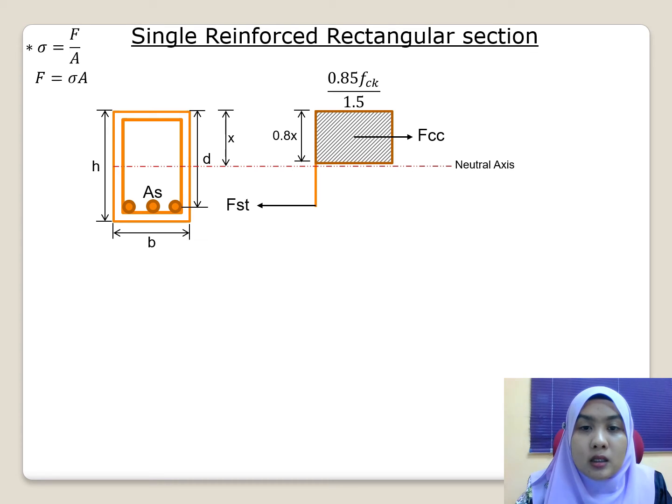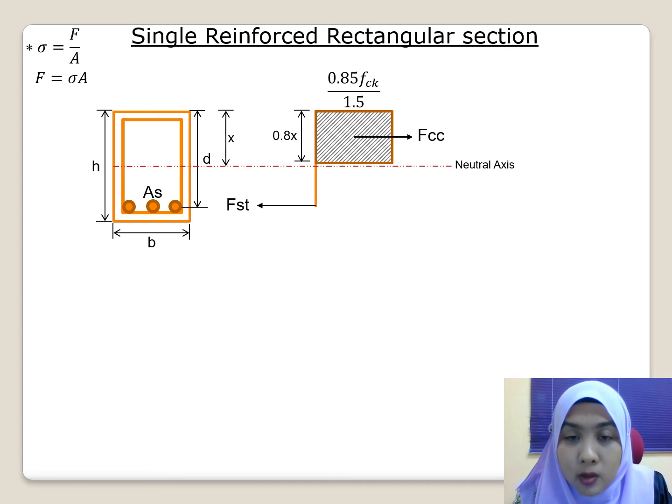That is why our strength is about 85% of the total strength of the concrete. So we assume that the design strength of the concrete is only 85%. To get the design strength, you need to divide by 1.5, which is the factor of safety for concrete. So the design strength of the concrete is a stress.